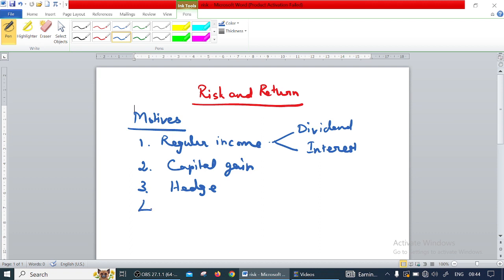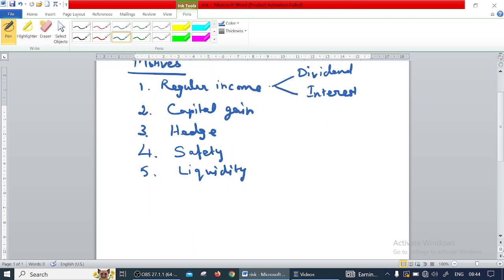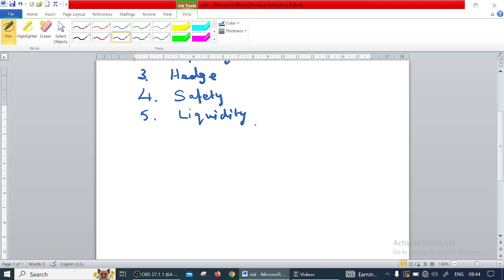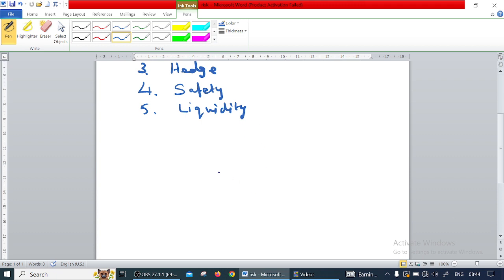And very important, the investor will also look at the safety. And finally, liquidity of the investment, whether the investment will provide liquidity in terms of easy return or easy availability of the funds whenever the investor requires it, right?